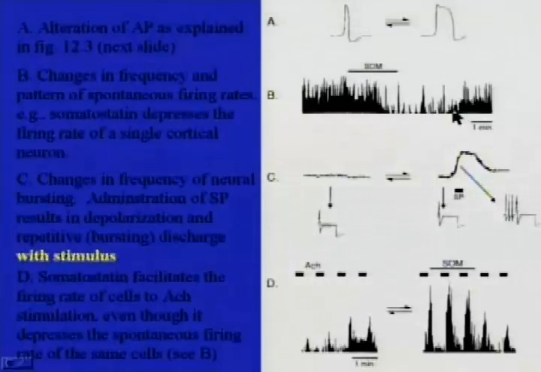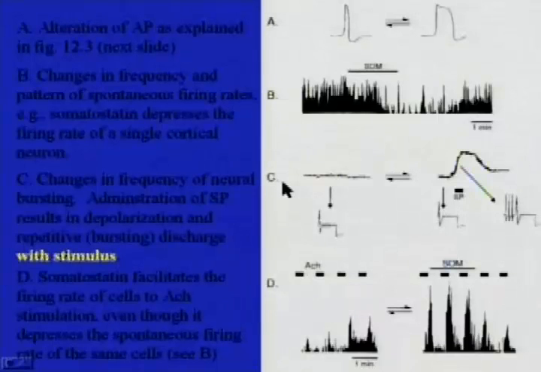So the frequency and the pattern seem to be affected, and then with washout it is reversible and you recover the normal firing rate. And we will see that somatostatin can have different effects. It decreases the firing rate as shown here, and then in the lower panel it's going to alter the response to another neurotransmitter. But let's take a look at panel C first.